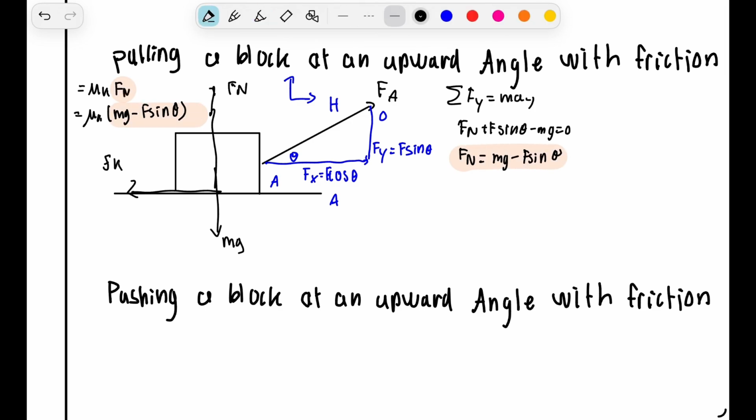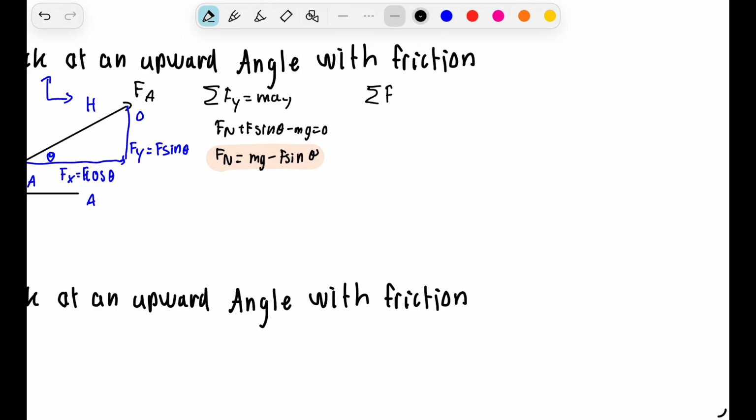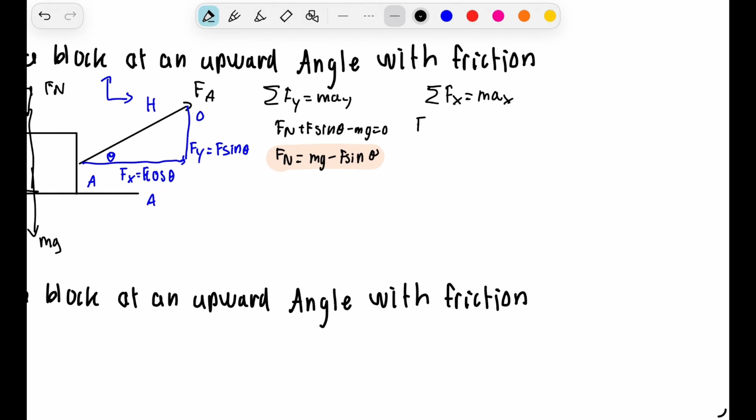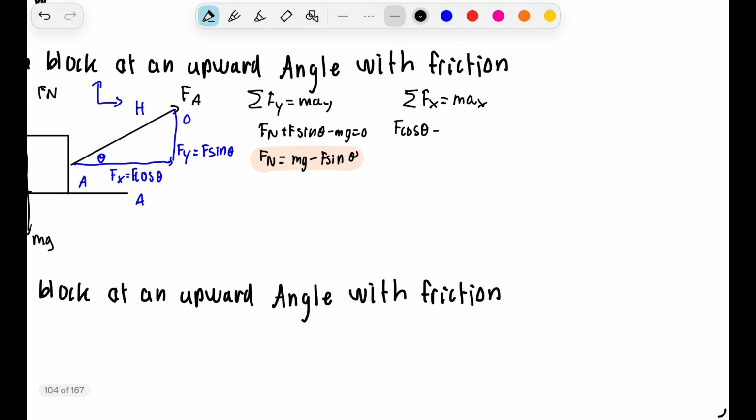Now for our next step, we are going to take this summation of the forces in the horizontal direction. So you have ma in x, and you have F cosine of theta acting in the rightward direction, and then in the left direction you have the force of friction, Fk, is equal to ma. So you have F cosine of theta minus mu k times mg minus F sine of theta is equal to the mass times acceleration.